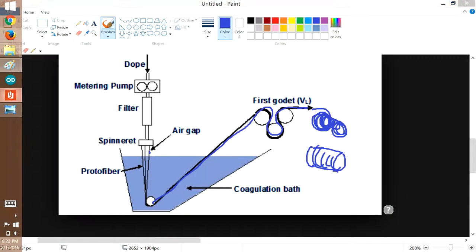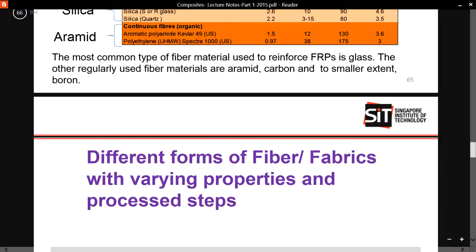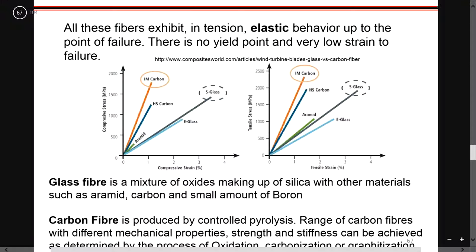So the key takeaway from this video is most of it is this graph over here. You have to know what type of material, compressive or tensile. If you want good stress, either compressive or tensile, you can choose the IM carbon. If you want good strain, you can choose the S glass.